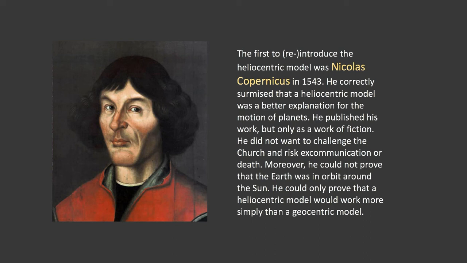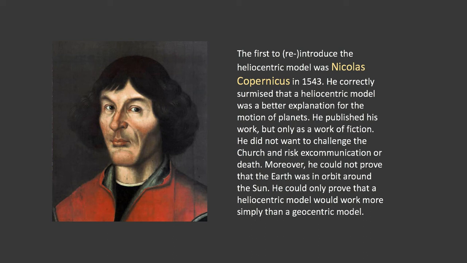And this accomplished a couple of things, but the most important of which was that he didn't get excommunicated or killed or imprisoned for life for his blasphemy, because this was against the church's teachings. The church had adopted the Ptolemaic geocentric model.